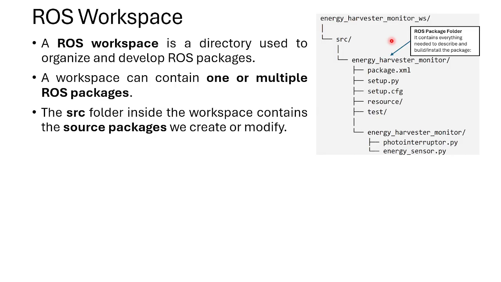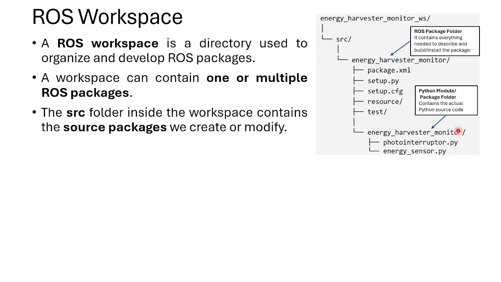We would need further information or more files to be executed, and all the other files will also be stored inside this ROS package. So the ROS package, in summary, will have all the necessary files, and one of the necessary files among all of these will be the Python module or package folder, which is this one.